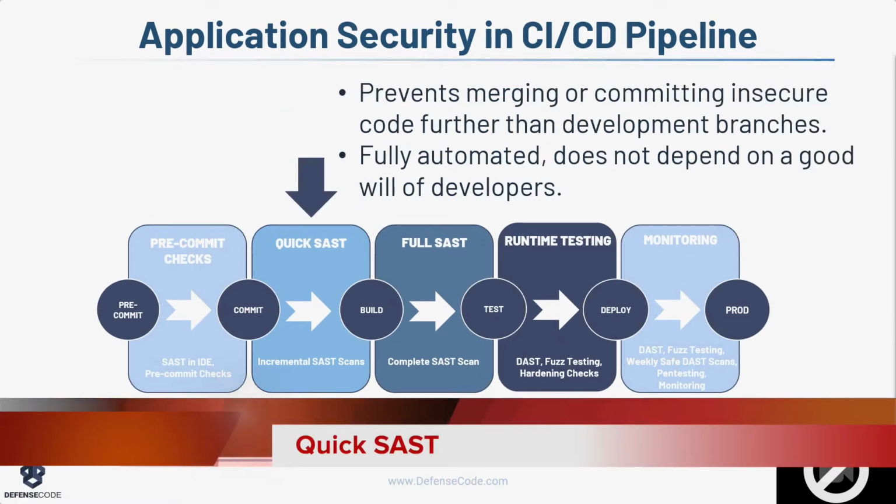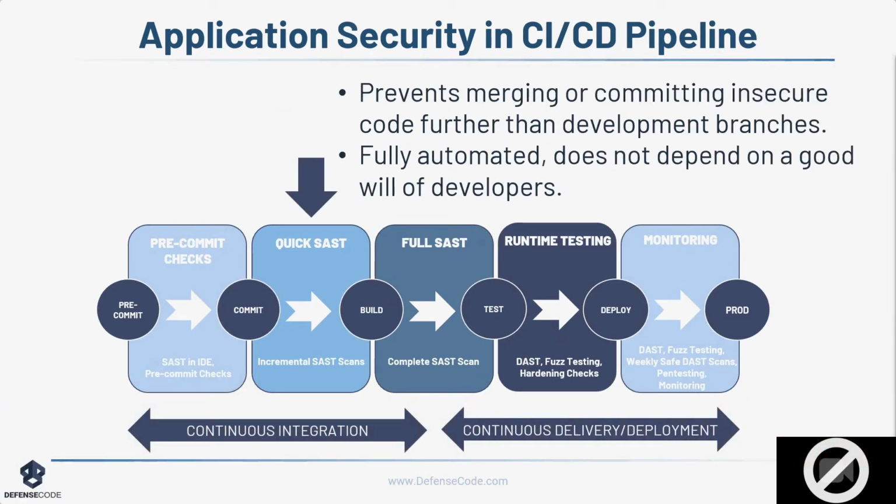Now, with pre-commit checks, the decision whether to run a security check on their code is up to developers. If they can't be bothered with it, do not consider it important at that time, or simply forget, they might not run it. So this is why you need to prevent them from committing and pushing code into development branches that might be merged into production. Now, this part is fully automated.